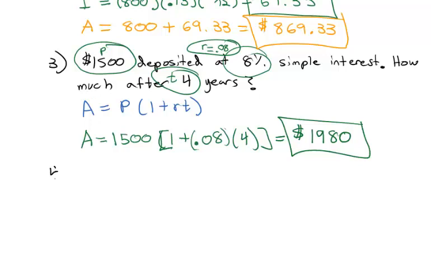We can switch these problems up a bit and solve instead for one of the missing pieces. Instead of finding the present value or the future value, we can find a missing piece.